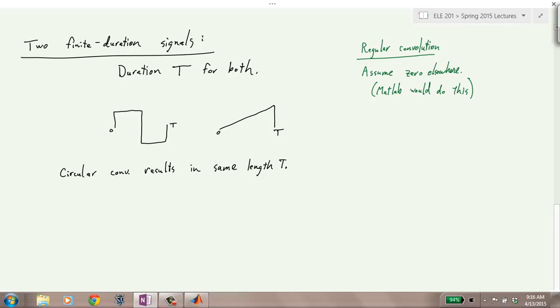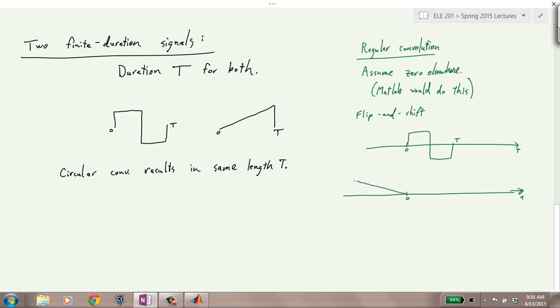So how do we do it with the flip and shift method? Let's keep the first one not flipped. So this first one went like this. And the second one we flip in time, so it's something like this.